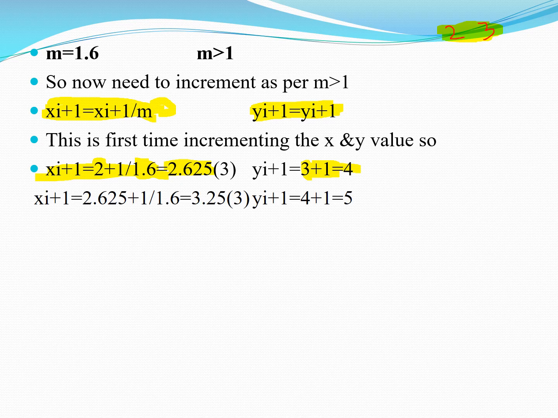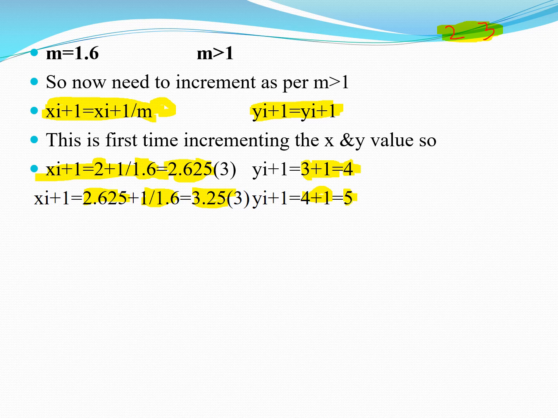So what is the next x value? Now 2.625 is the initial value, right? So we add 1 upon 1.6, the slope value. Then we get 3.25. So what is y now? The previous value is 4, and 4 plus 1 is 5. This is the next value.